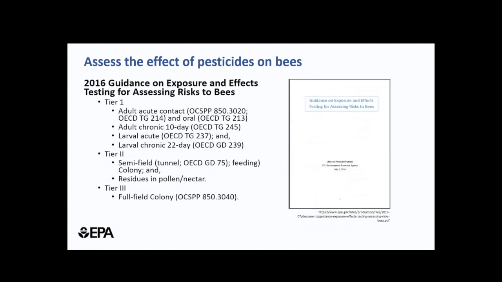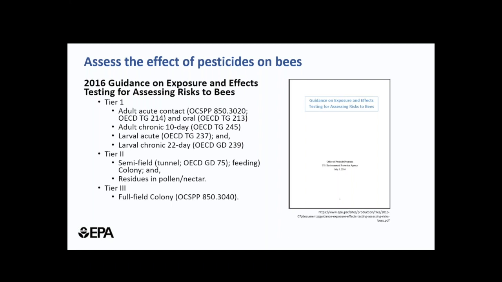In addition to the 2014 guidance, in 2016, EPA issued guidance for agency risk assessors, which discusses the regulatory provisions for requiring data, the current pollinator data requirements for conventional pesticides at that time, and the additional bee toxicity and exposure studies. Effects testing includes laboratory-based acute and chronic toxicity studies of individual adult and larval bees, and field-based studies of whole colonies, as well as residue monitoring studies in pollen and nectar, which are used to refine estimates of exposure.